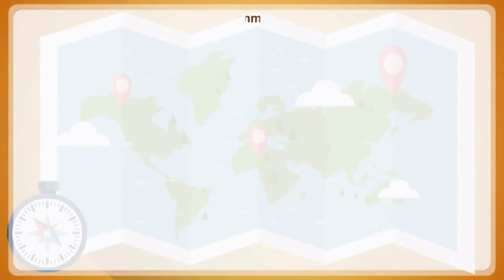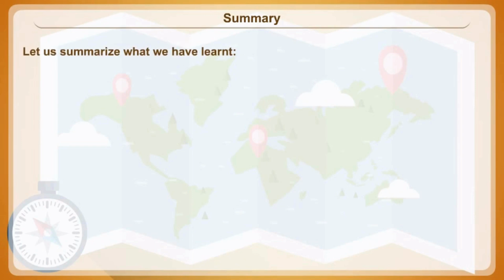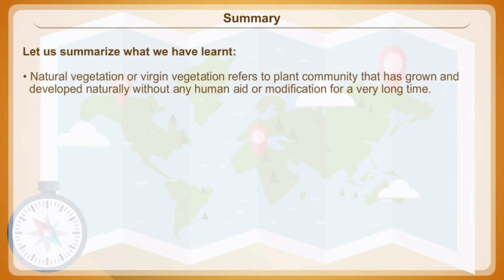Summary. Let us summarize what we have learned. Natural vegetation or virgin vegetation refers to plant community that has grown and developed naturally without any human aid or modification for a very long time.